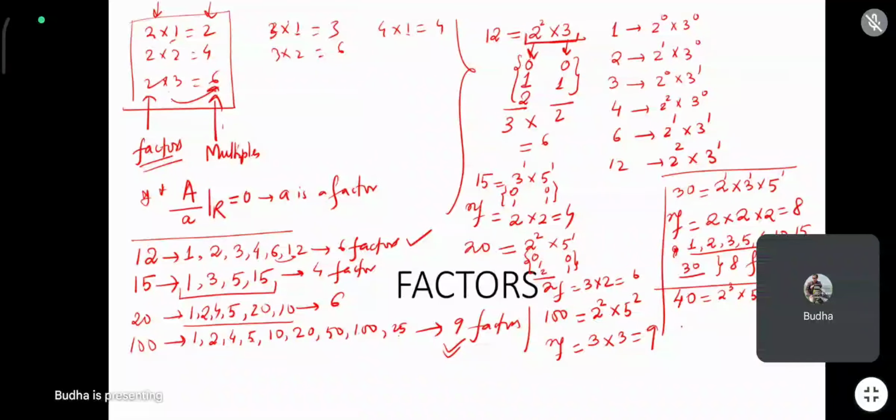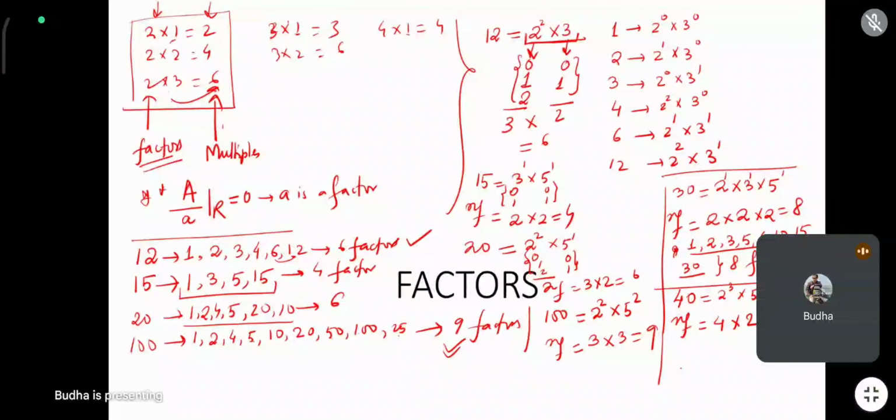Yes, perfect. So number of factors would be power में 3 है. So what shall I do? 0, 1, 2, 3, so 4 into 2. 4 into 2. Yes. 8. Means 40 के कुल मिला के 8 factors हैं.